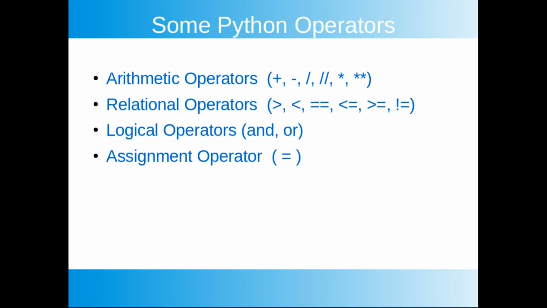It also uses membership operators such as in, not in, to find whether a particular element is in the sequence or not. We will be discussing these operators once again as we move forward in our course.